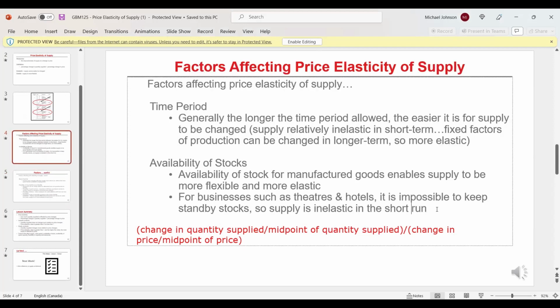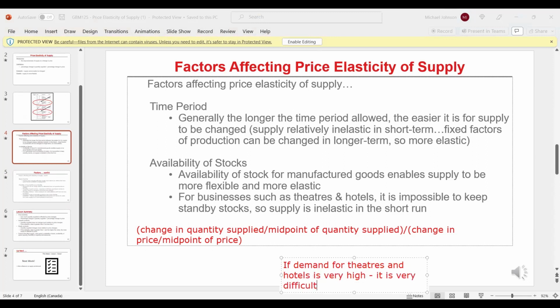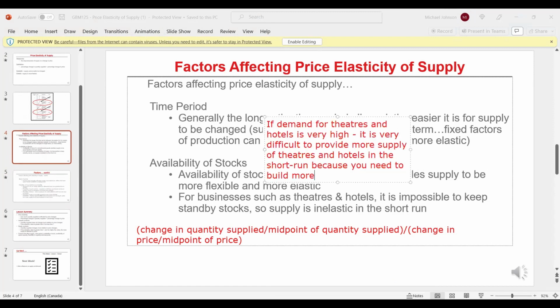So if demand for theaters and hotels is very high, it is very difficult to provide more supply in the short run because you need to build more theaters and hotels. That takes a long time to build and supply.